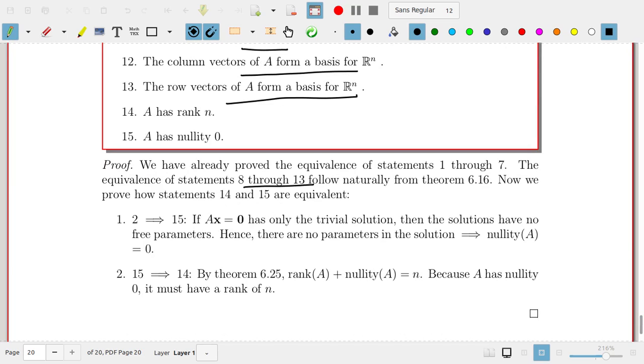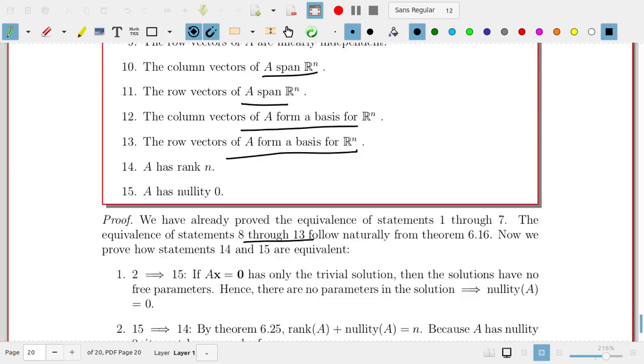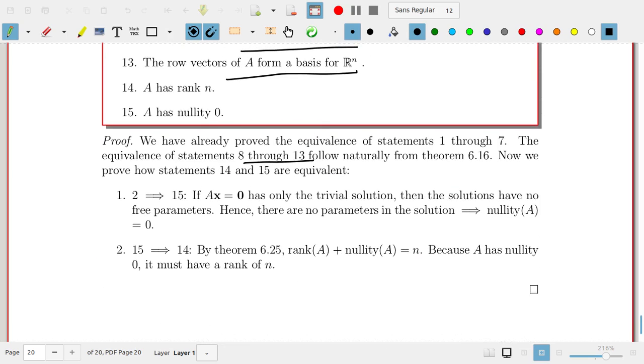Now, how do we show that statement 2 implies statement 15?